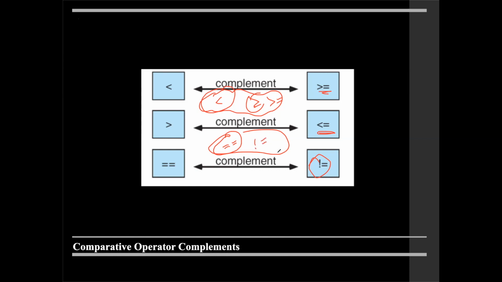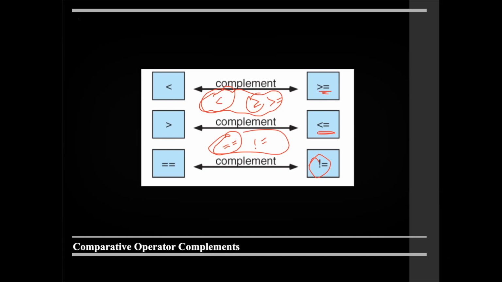Lots of times, if you want to turn the logic the other way around, you can apply the complement rule. You might have studied this in your logic class in grade school or middle school.